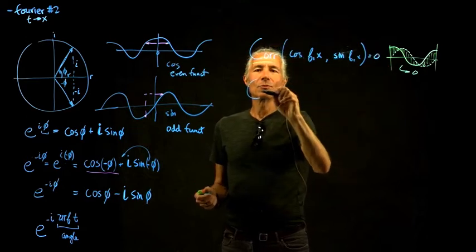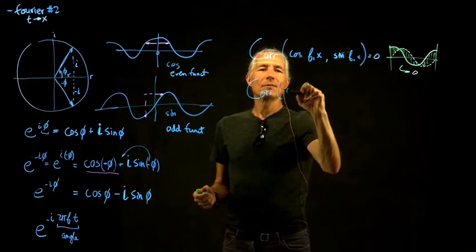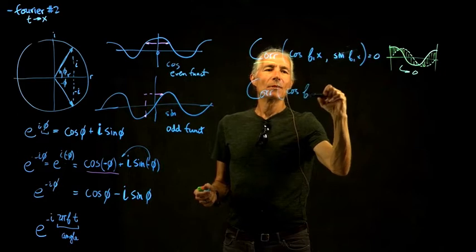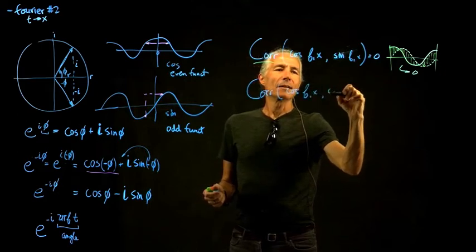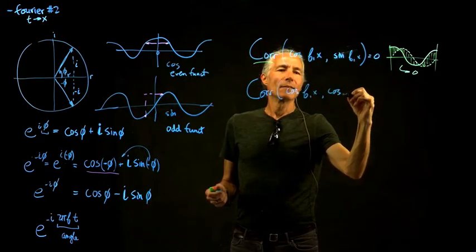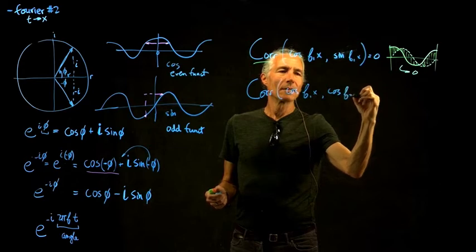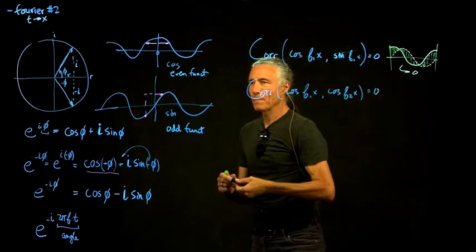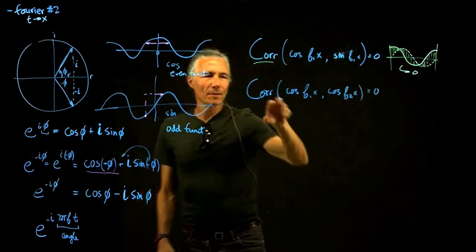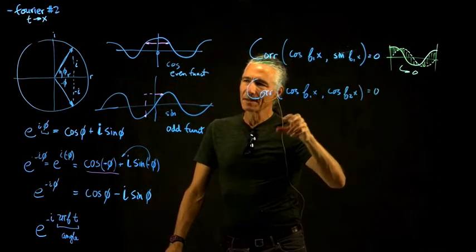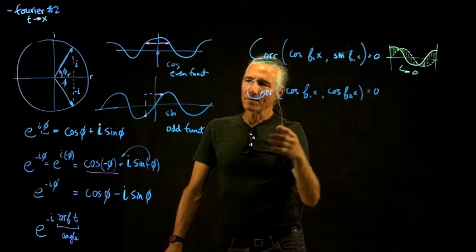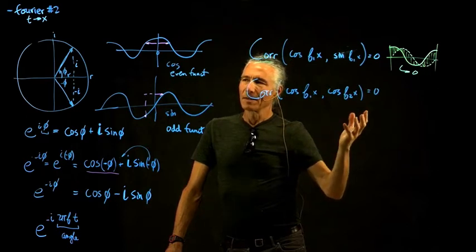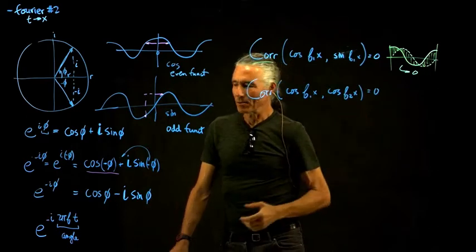So they're completely uncorrelated with each other. But that's also true of the correlation of the cosine of one frequency and the cosine of another frequency, which also equals 0. And so that implies that the correlation between any sine of any one frequency and a cosine of any other frequency is also going to be 0.